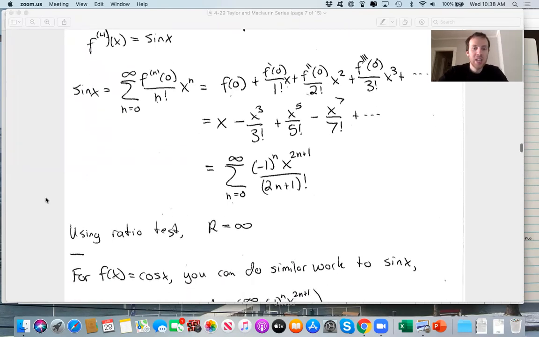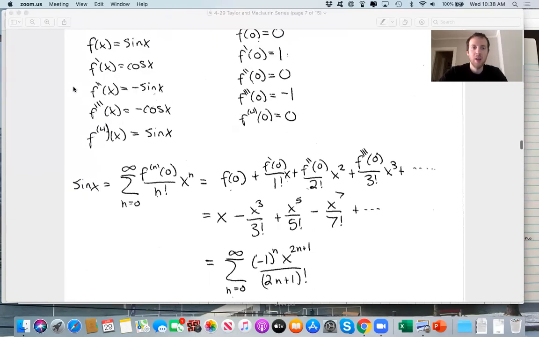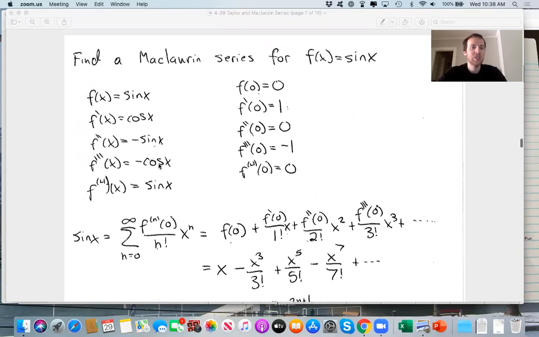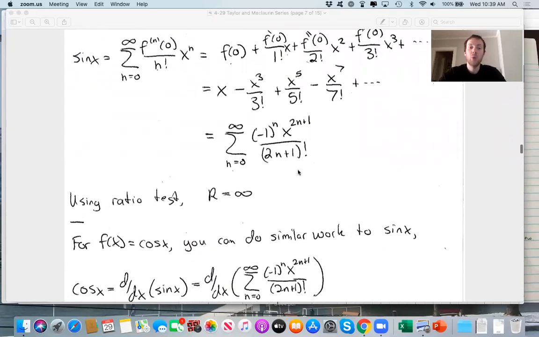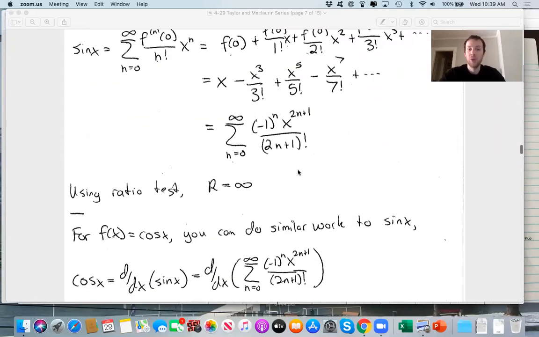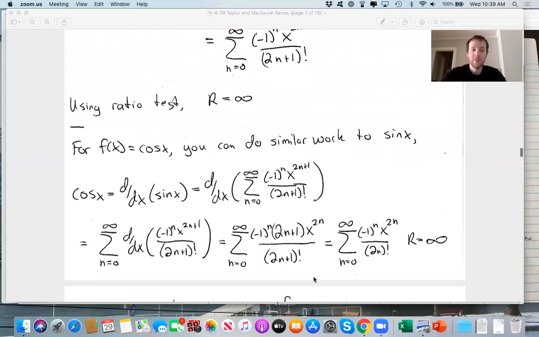You can do the same kind of work for cosine, meaning it has a similar cycle of derivatives evaluated at 0. But what you can also do, if you don't want to go through all that, is use the fact that cosine is the derivative of sine. And since we know a series for sine, let's just differentiate that series.